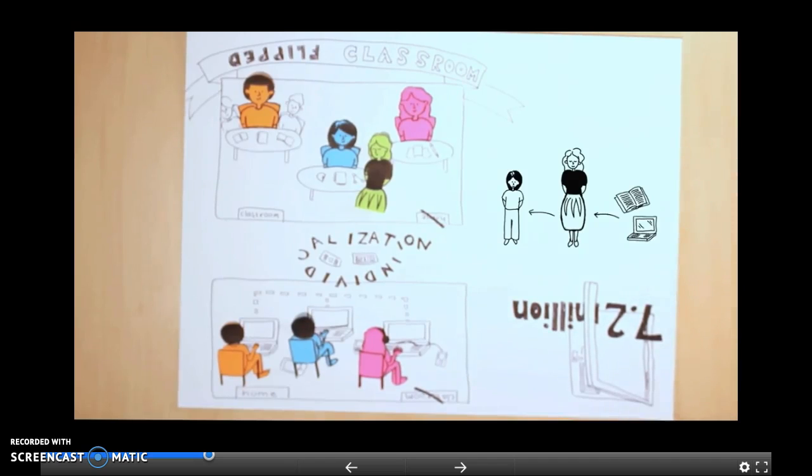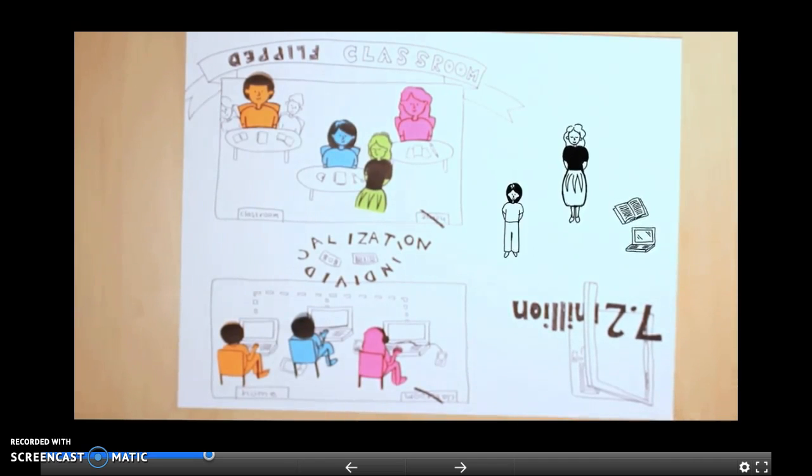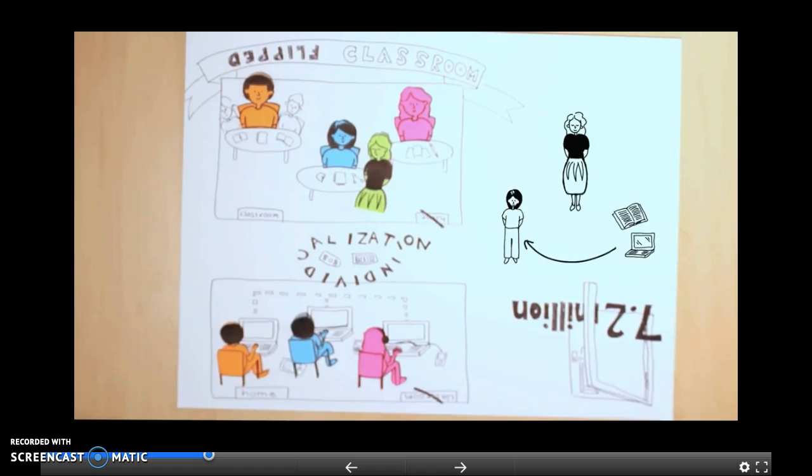But with the flipped classroom model, the students have direct access to the knowledge, and the teacher serves as a coach, mentor, and guide, helping the students access this knowledge. The flipped classroom leverages technology in a way that lets both Ms. Jackson and the students make the most of their time and efforts.